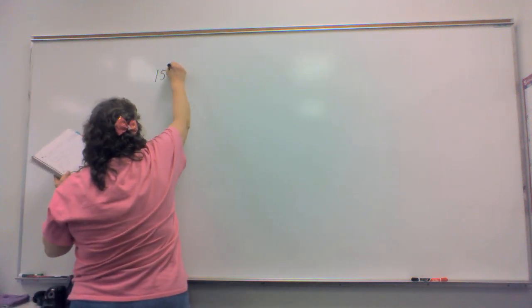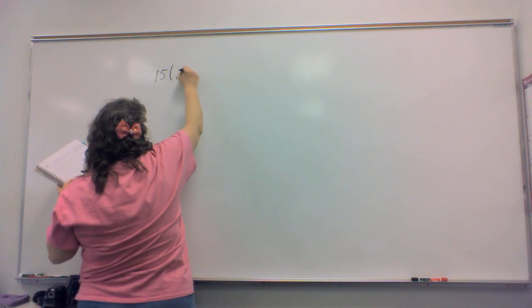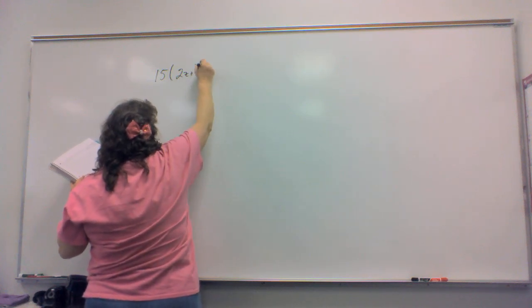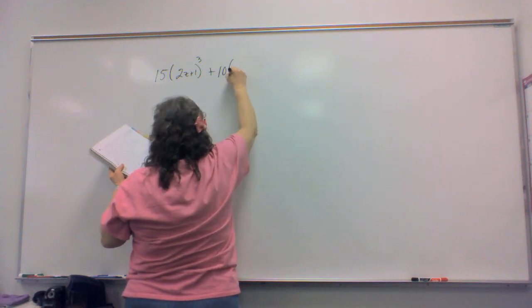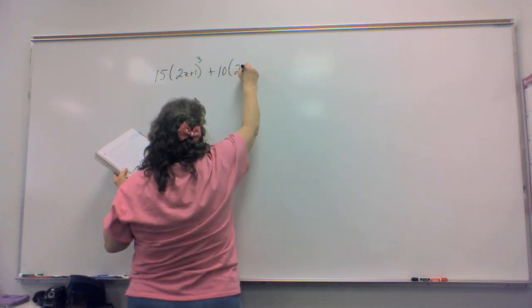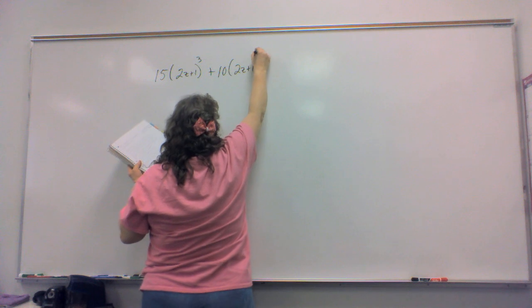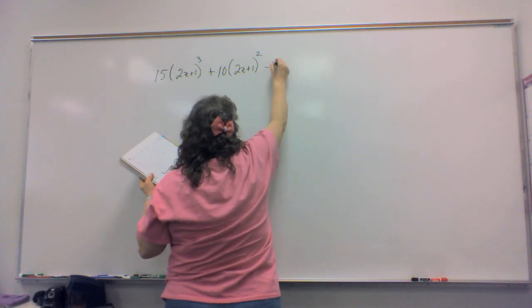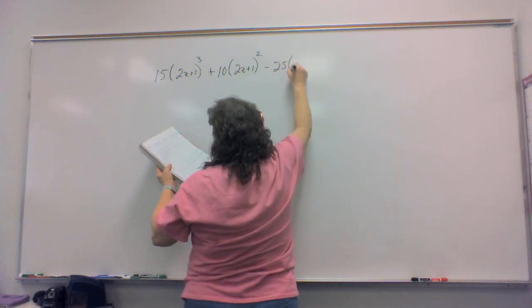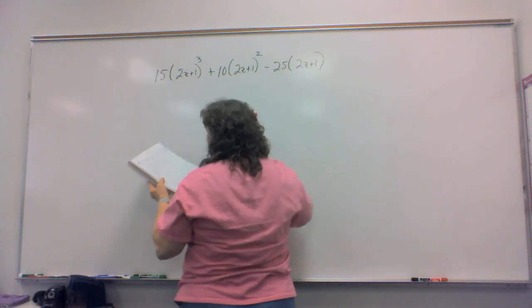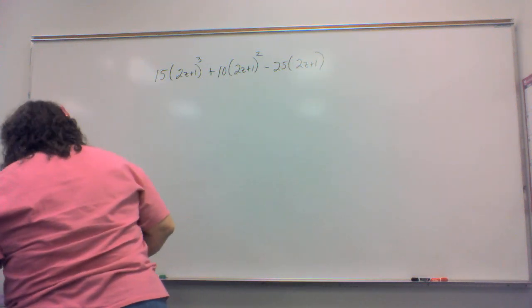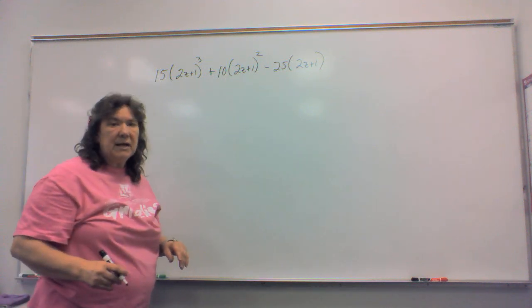15 times (2z plus 1) cubed plus 10 times (2z plus 1) squared minus 25 times (2z plus 1). Okay, this one is going to be a lot more complex.